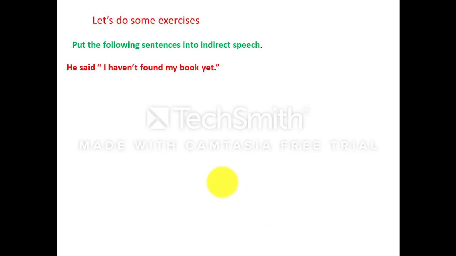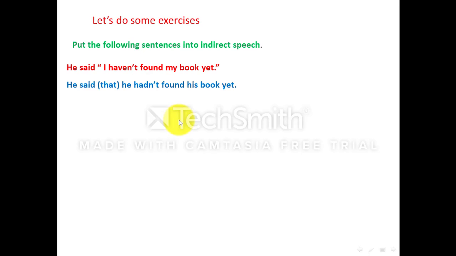So you can say, he said that. You can write that or delete it, no problem. And the pronoun I will change to he, and haven't found will change to hadn't found, and instead of my, it will change to his. So it will become: he said that he hadn't found his book yet.